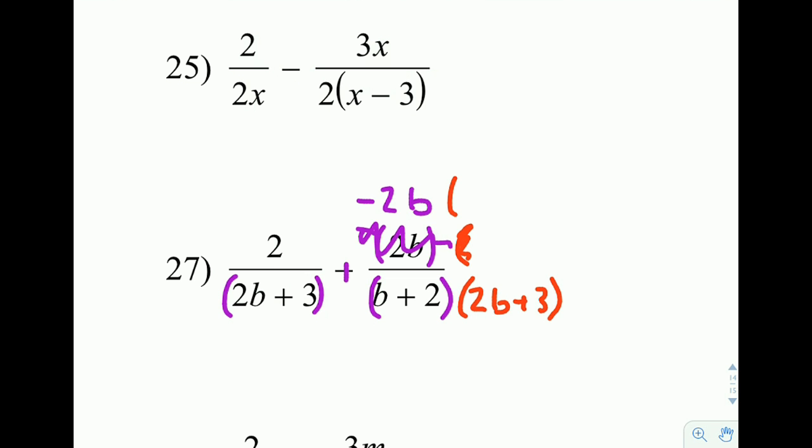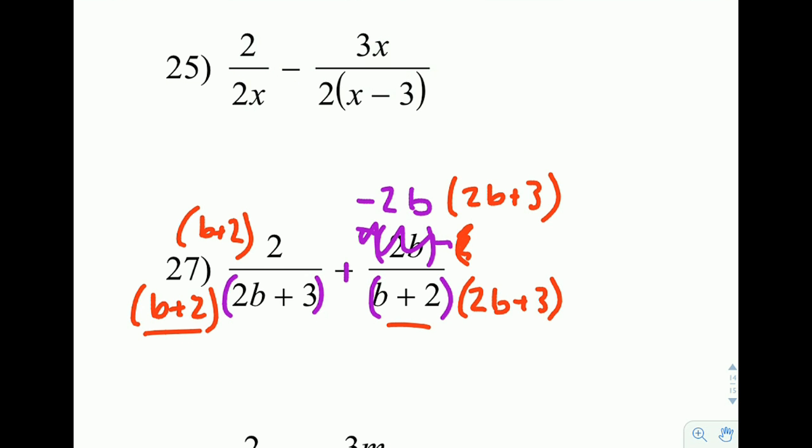Put that up here, 2b plus 3. And then I have the b plus 2 that I need to multiply by top and bottom. And now my fractions are going to both have a b plus 2 term and both have a 2b plus 3 term. So they are going to have common denominators. And I can leave that written just as I have it here, b plus 2 and 2b plus 3.